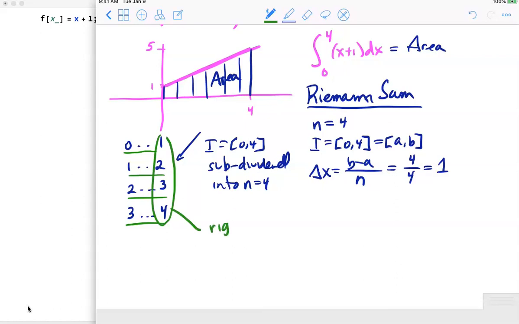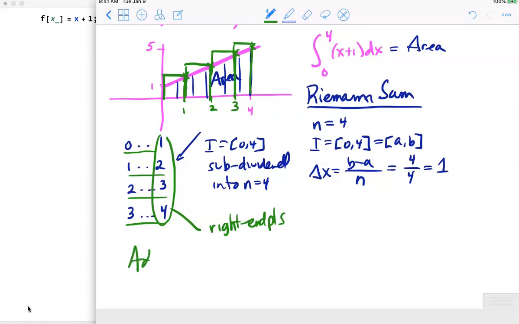We could choose the right endpoints. If you chose the right endpoints, you take 1, 2, 3, and then 4. And then you evaluate the function at each of those endpoints. And then you draw a rectangle that has that height. And then we want to add up all those rectangles.